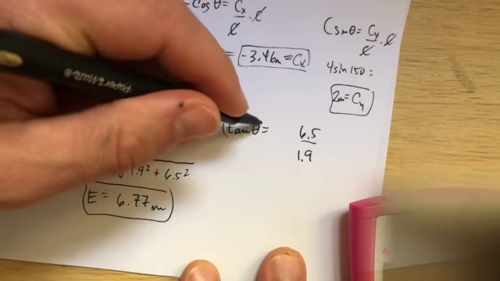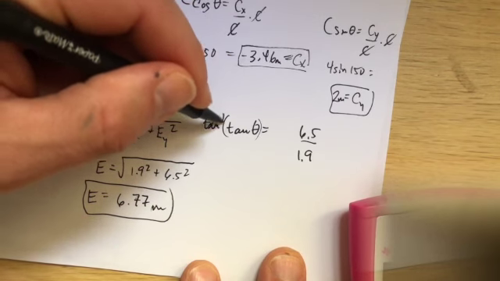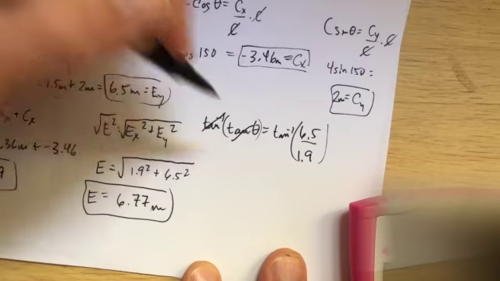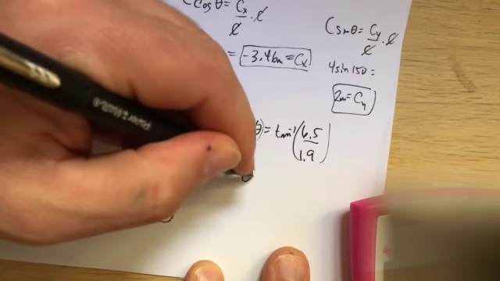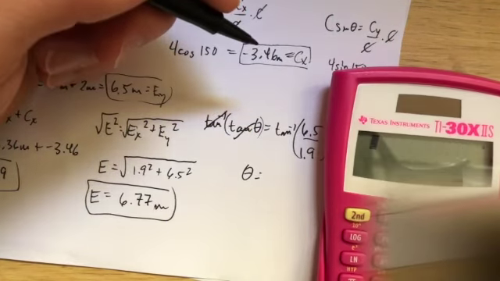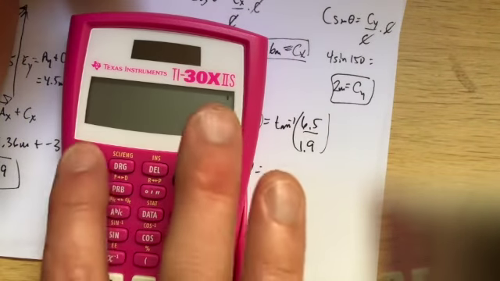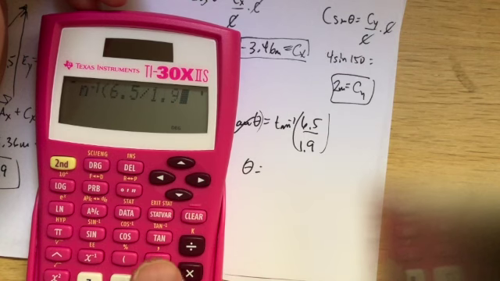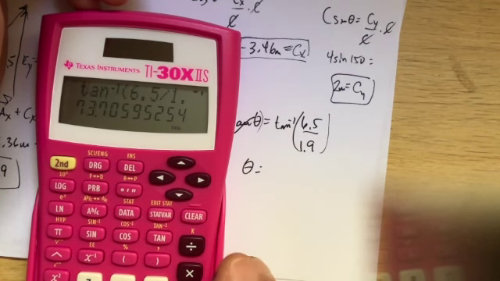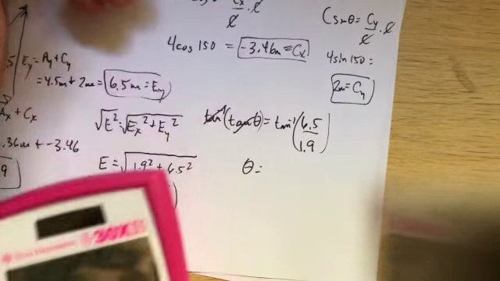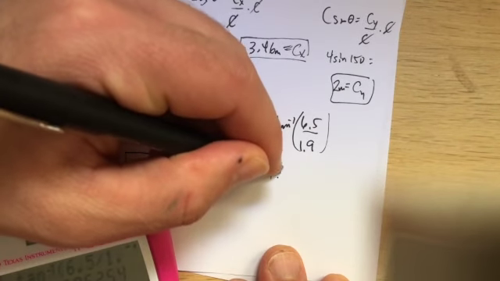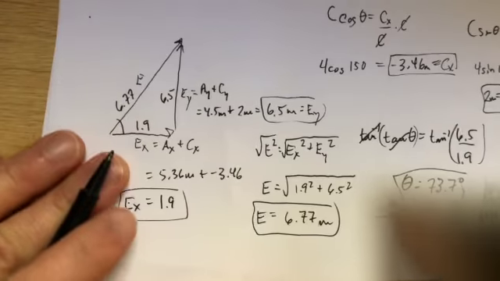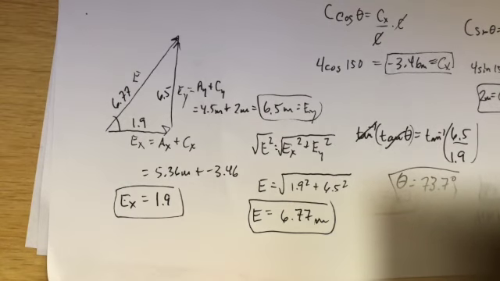But I want to get rid of the tangent, so I go inverse tangent of this. And so theta equals the inverse tangent of 6.5 divided by 1.9, and that's 73.7 degrees. And that also looks like it makes sense, right? That's a pretty steep angle.